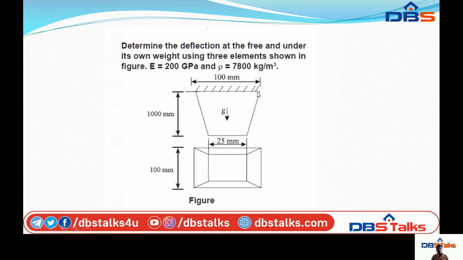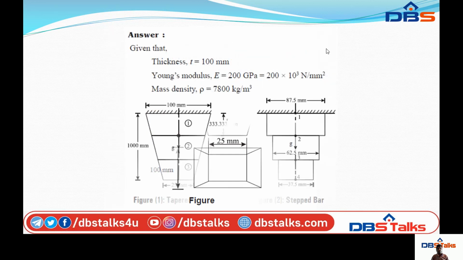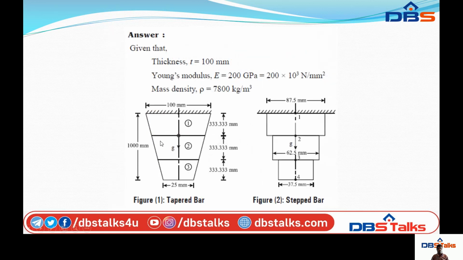At the middle point, the center of gravity is acting. I'm splitting into elements 1, 2 and 3. In this problem, first of all, I'm writing the thickness is 100 mm and the total height will be 1000 millimeters.